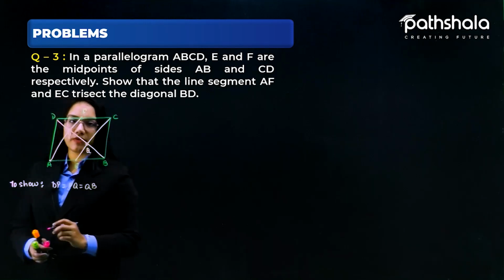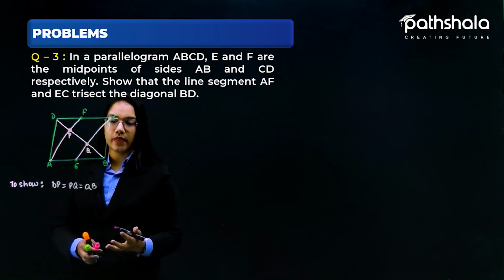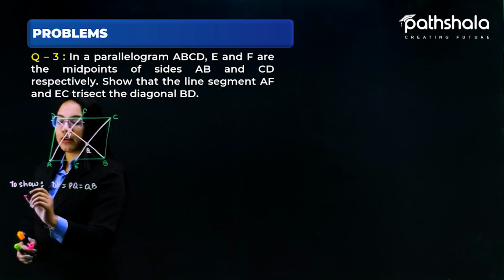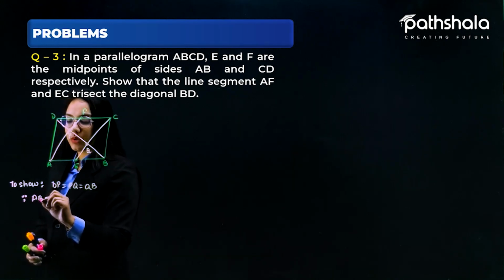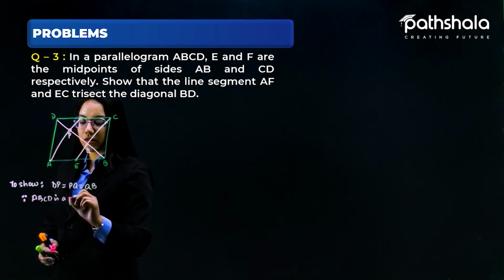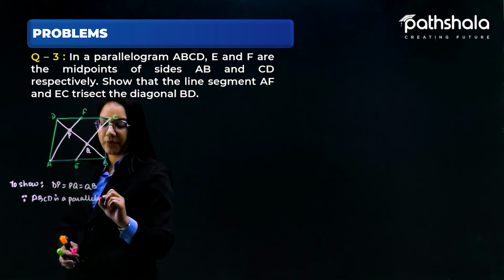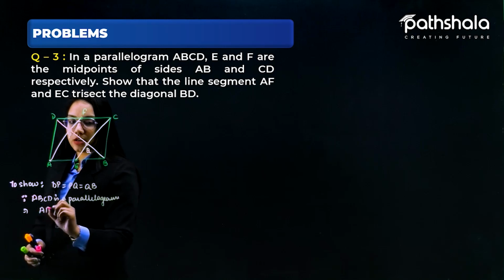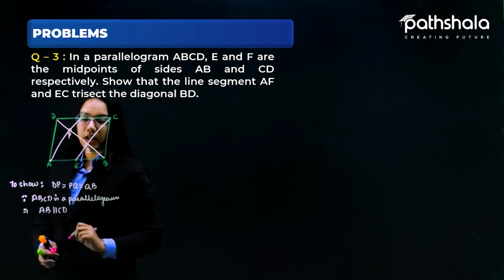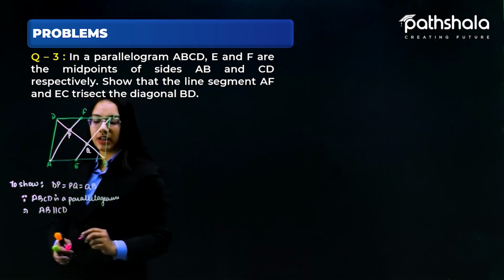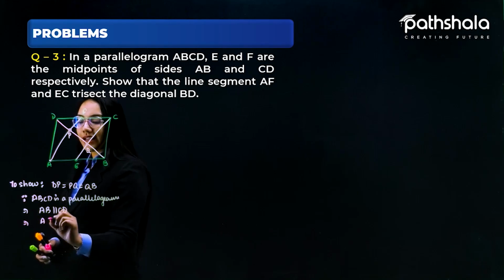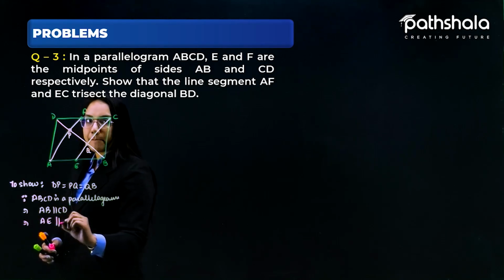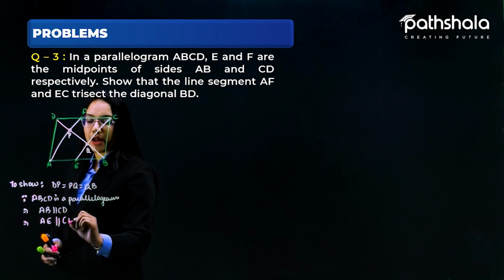Now let us start with ABCD being a parallelogram. Since we know that ABCD is a parallelogram, it implies that AB is parallel to CD, which also implies that AE is parallel to CF.